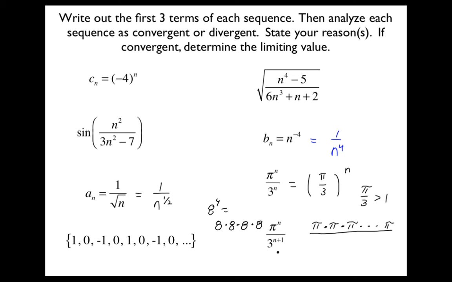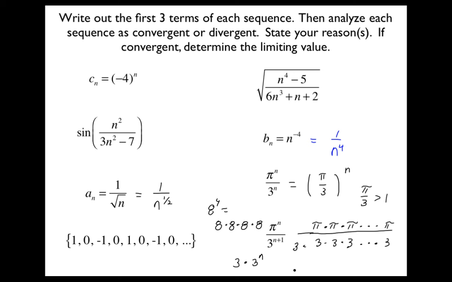It's just 3 times itself, one more time than however many times. However many pi's you have, you're going to have that many 3's, and actually one more. So we can say 3 to the n plus 1 is the same as 3 times 3 to the n. Really important, because you're multiplying by 3 one more time.